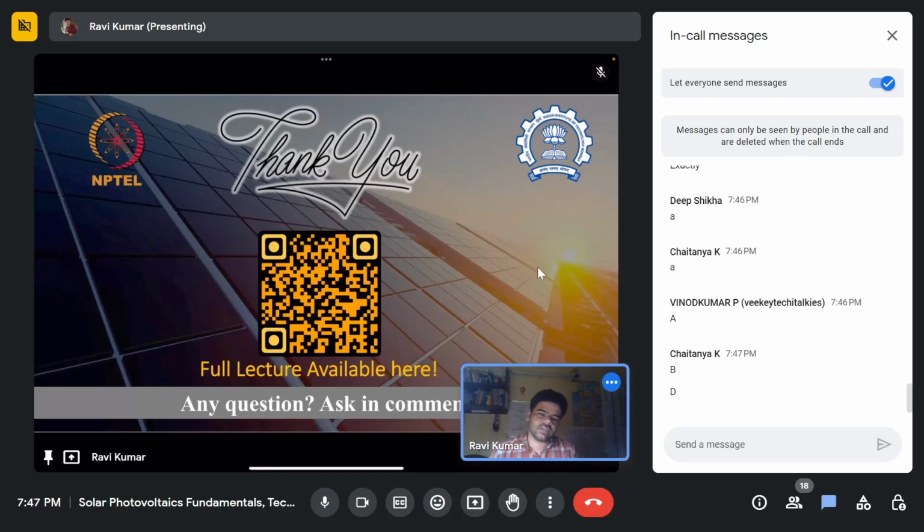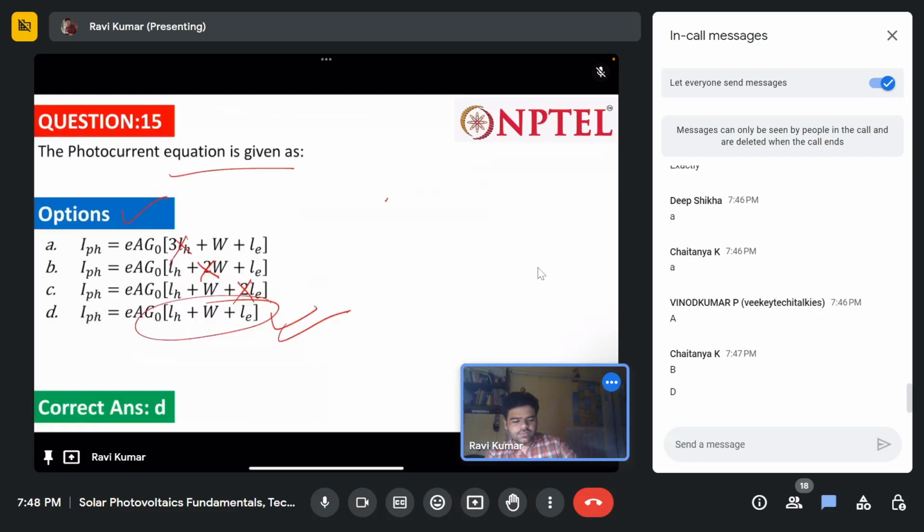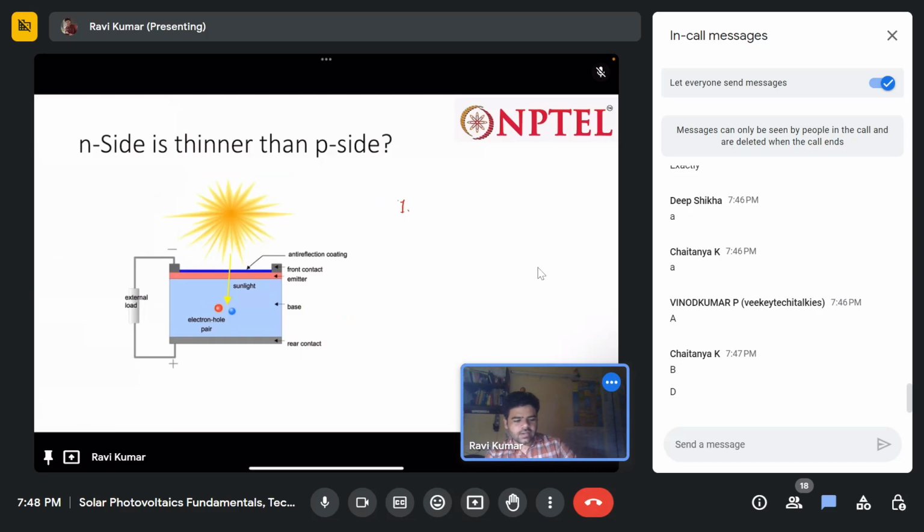Yes, last thing which you are asking about me, N side is thinner than P side. Why? There are 2 regions, one and 2.